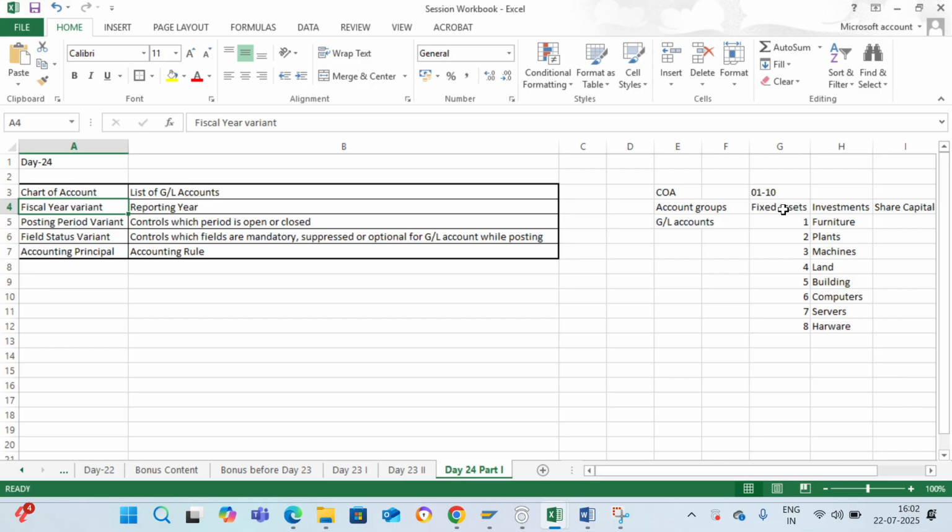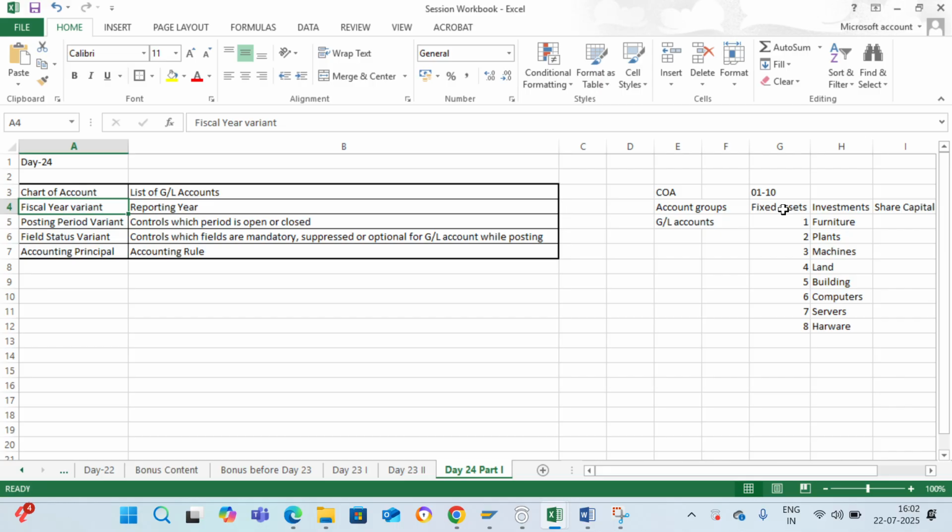Next is the fiscal year variant. This also we have understood in our previous sessions, which is nothing but the reporting year. It could be April to March, or January to December, or October to September, or December to November, depending upon what reporting requirements any company has as per the local laws or the global law, that is the IFRS or Ind AS or US GAAP.